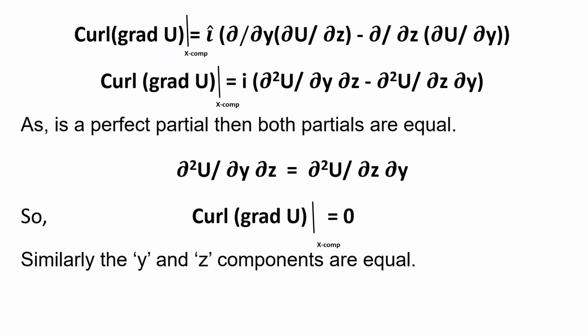Now, calculating the curl of grad u for the x component, it is equal to i cap times partial over partial y of partial u over partial z minus partial over partial z of partial u over partial y.